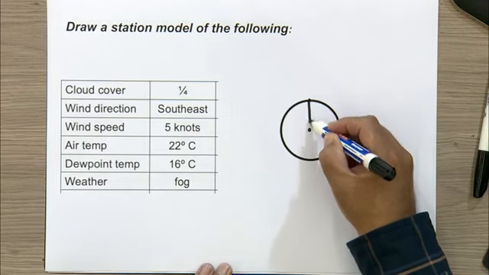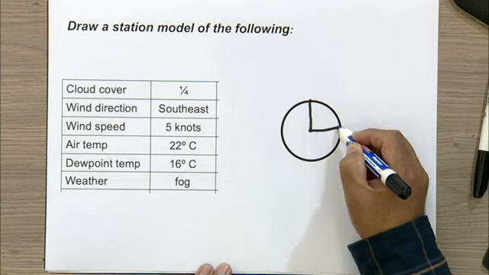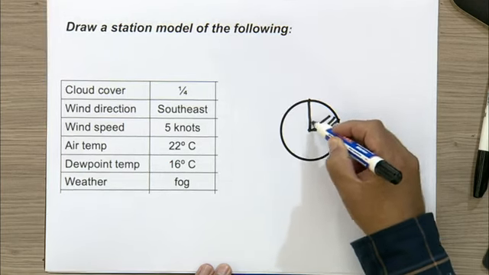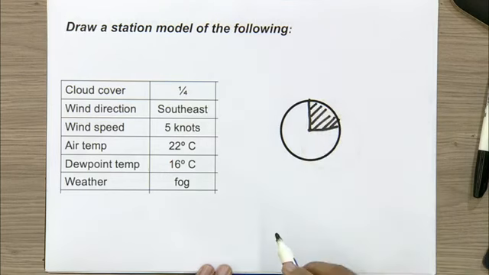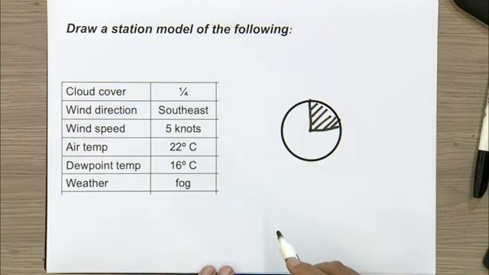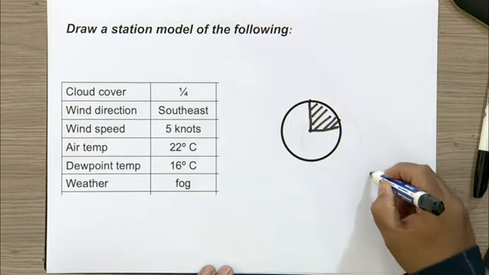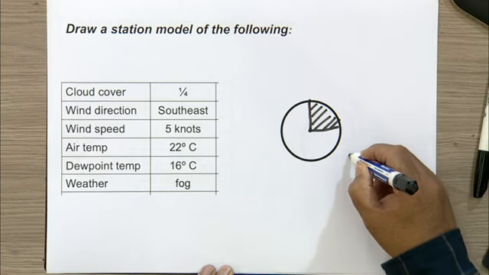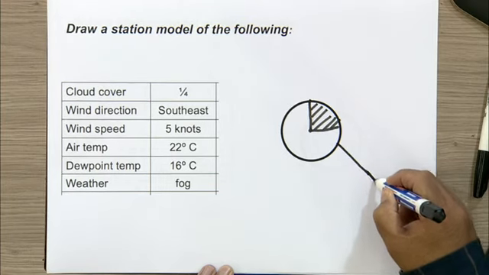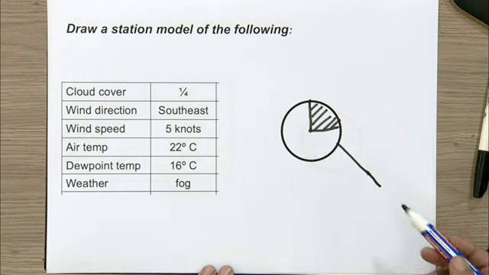If you're asked to do this in the exam, it doesn't matter if you are not 100% neat with it. So that would be 1/4 covered, 2/8. The wind direction is southeast. That means that the wind is coming from the southeast into, let's just draw this a bit longer, into the circle. So that's a southeasterly wind. It is approaching from the southeast.